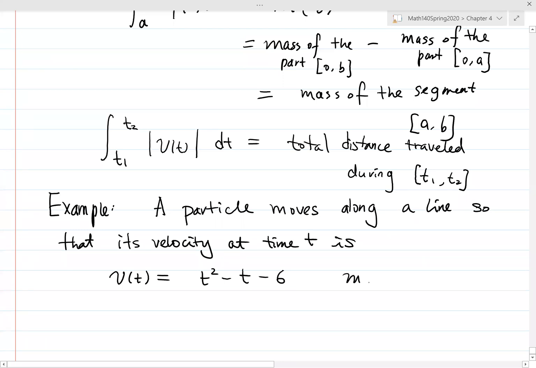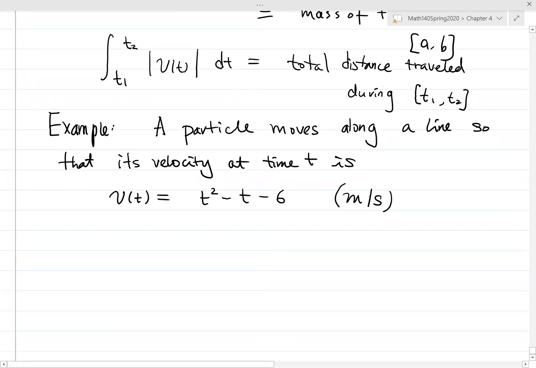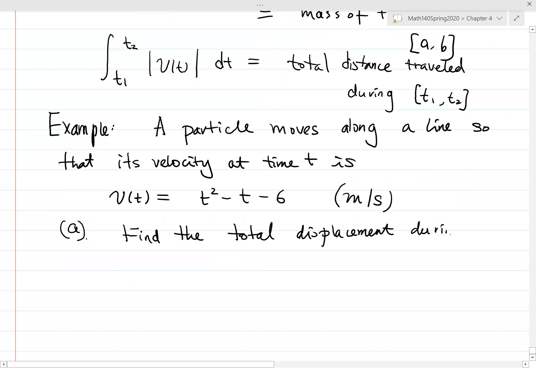The unit is meters per second. Part A, find the total displacement during the time period 1 to 4.